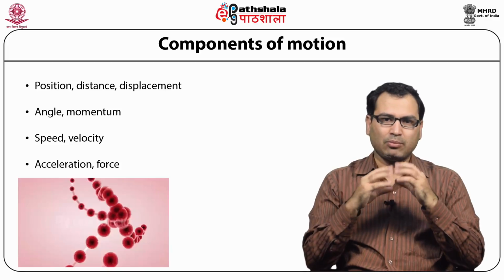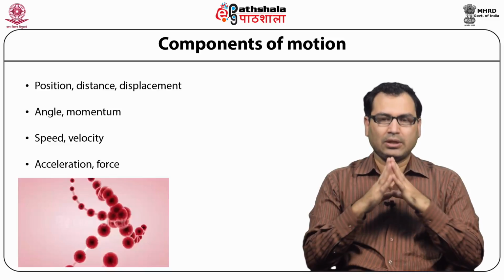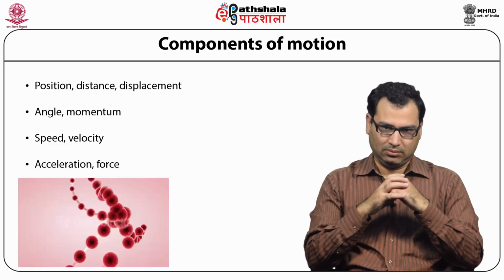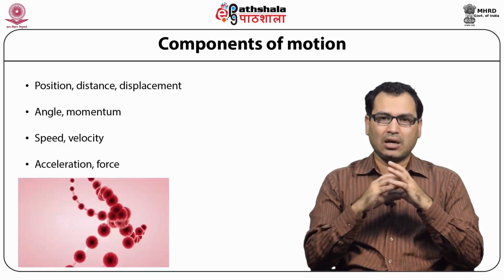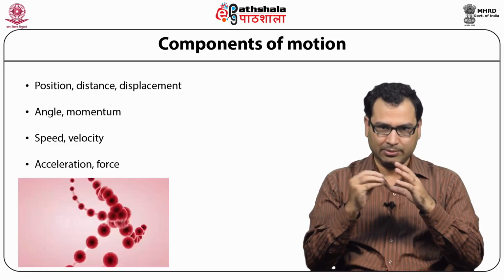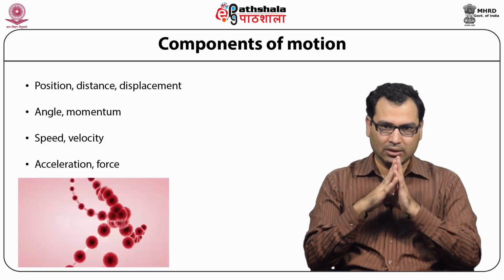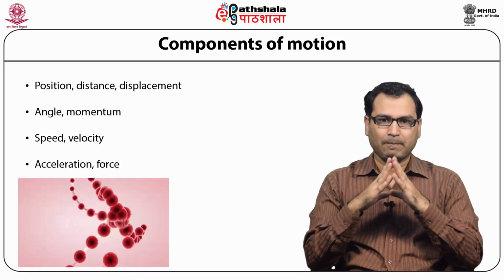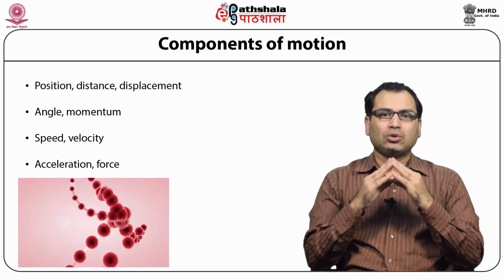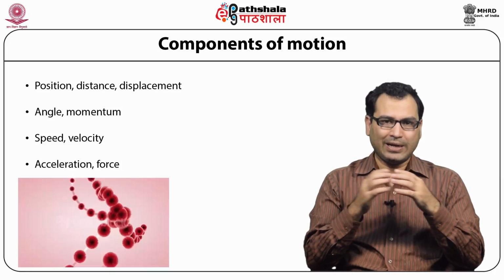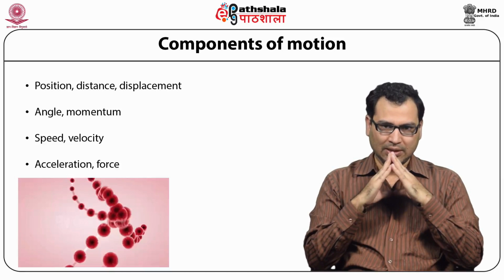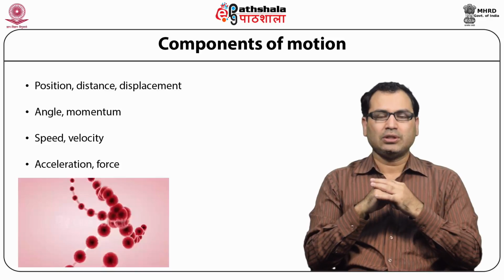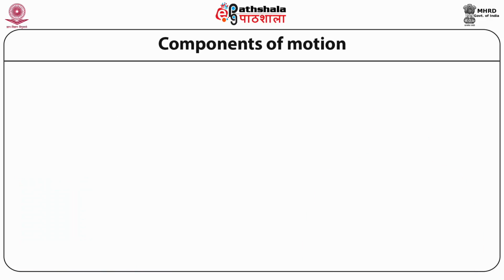With respect to a fixed point, it has a certain displacement. Let's say you start with a very specific red blood cell, starting from the heart, and after some time it goes to different parts and comes back to the heart, for example. You explain the motion of that particular red blood cell in terms of these components of motion which I just described.